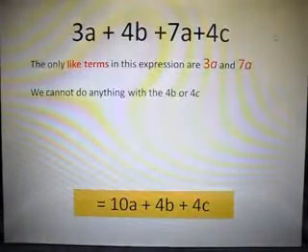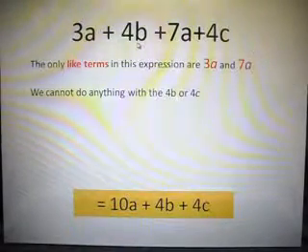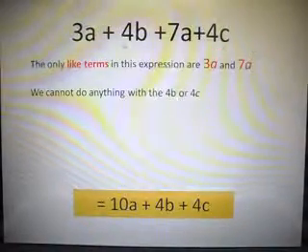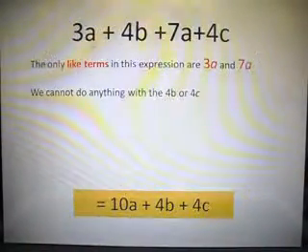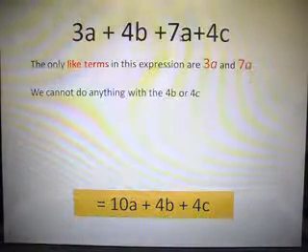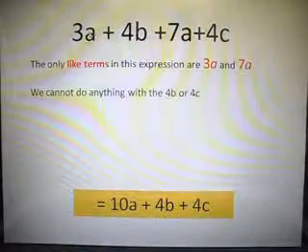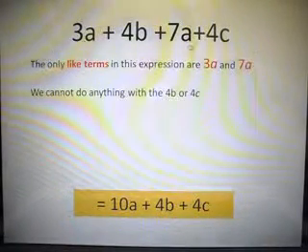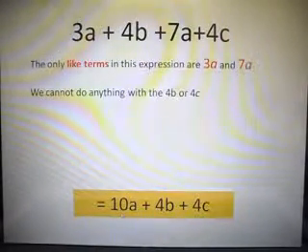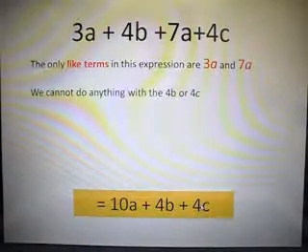Okay, let's look at an equation here. We have here 3a plus 4b plus 7a plus 4c. So when you want to add up, you have to gather or group all the similar terms together. So if I want to add up these terms here, the answer will be 3a plus 7a equals 10a plus 4b plus 4c.